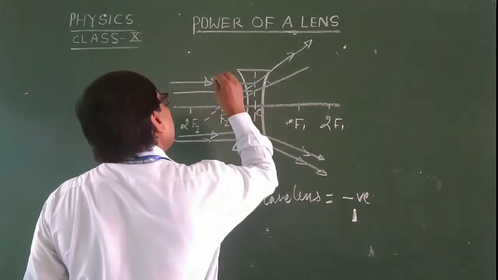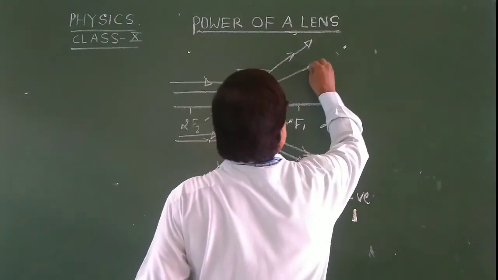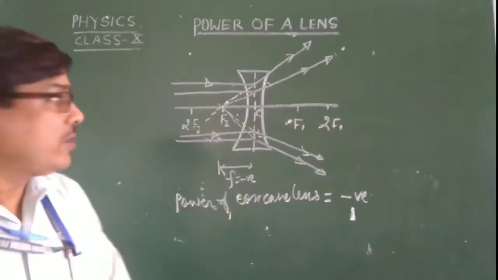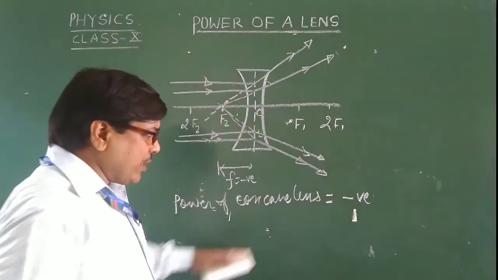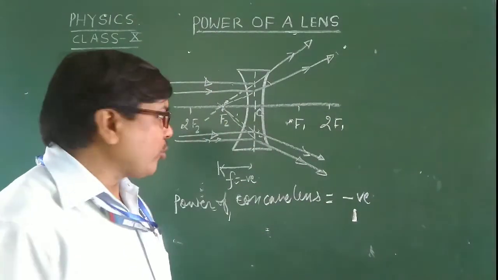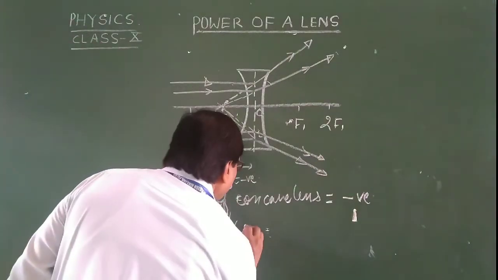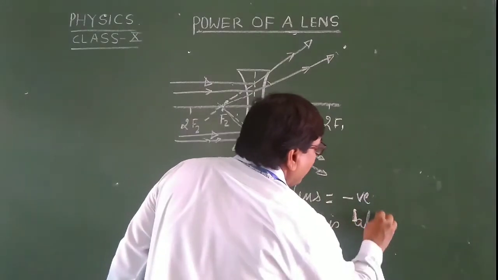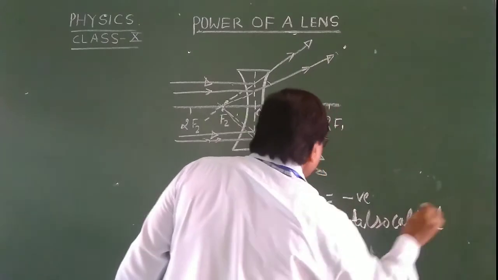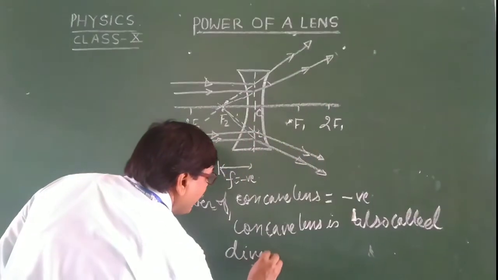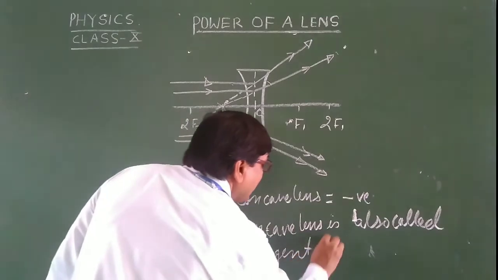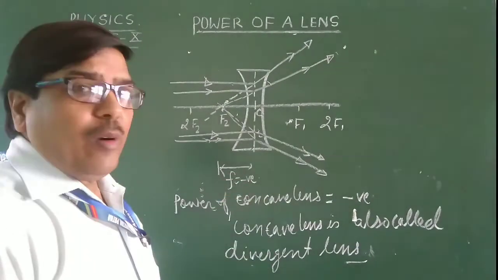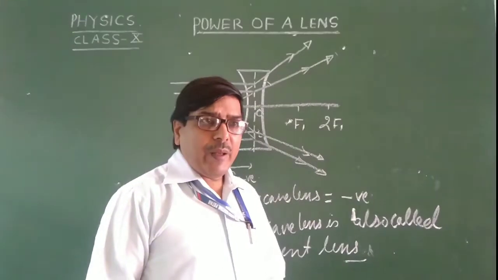So this is the power of a concave lens, which is negative. So concave lens is also called divergent lens.